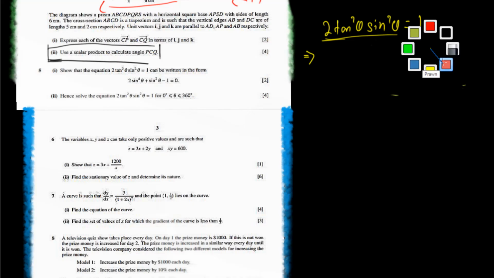So let's do that. I know that tan is equal to sine by cos, and tan square therefore is going to be sine square by cos square.